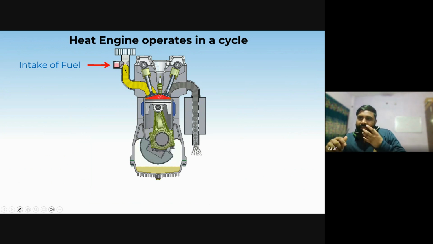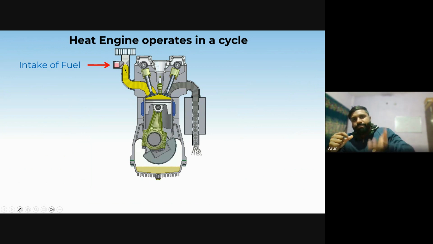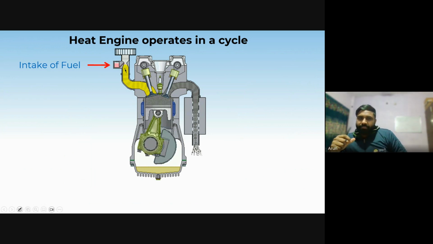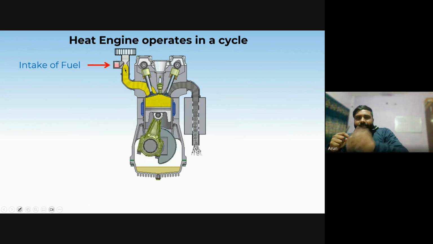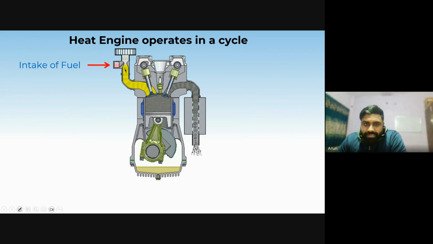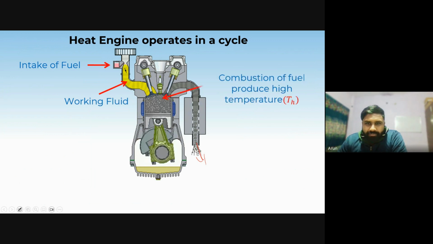Okay. Then finally we have burnt gases in that. Then the piston will move up due to the flywheel attached to it. And finally, we will have the smoke outside here. Okay. This is the working fluid. Higher temperature पे क्या होगा? Combustion होगा with the help of this spark plug.